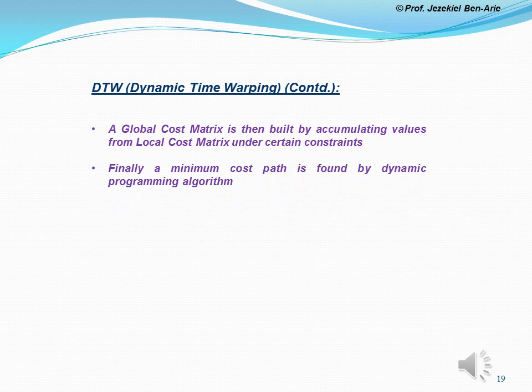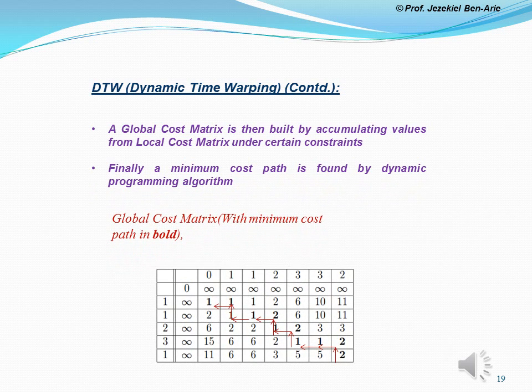Finally, a minimum cost path is found by dynamic programming algorithm. In the diagram, you can see the global cost matrix and the corresponding minimum cost path, which is shown in red arrows.